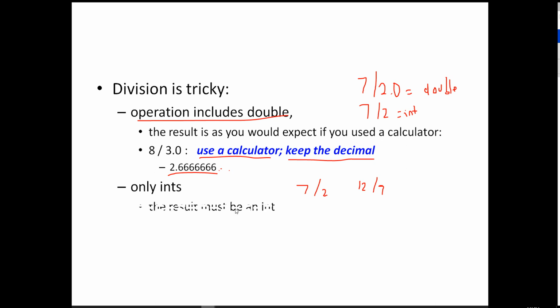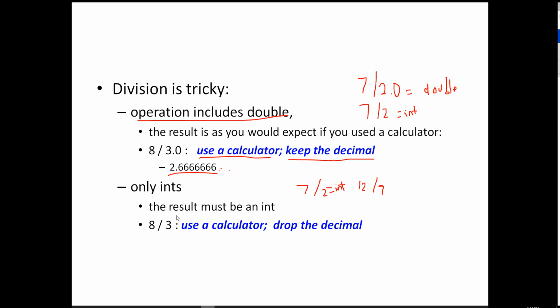And so here's the point: the result must be an int. In other words, folks, it cannot have a decimal in it. And you're going, that's impossible, because if I use the calculator, I'll get a decimal. Use the calculator, but here's the rule: 8 divided by 3 has to be an int.